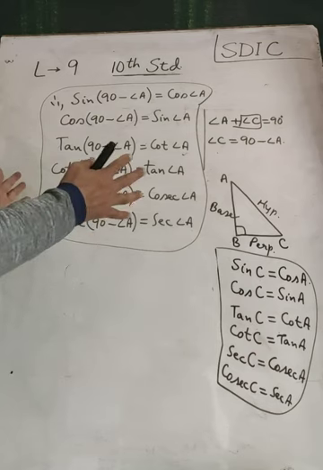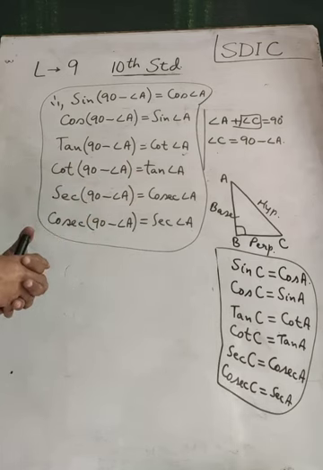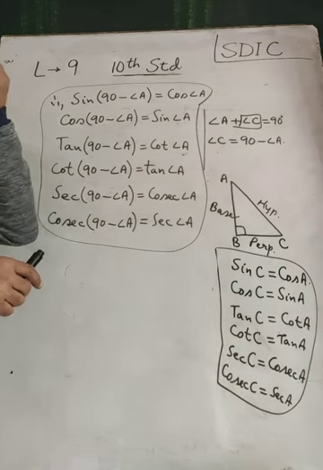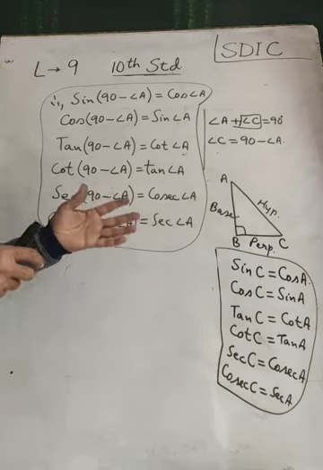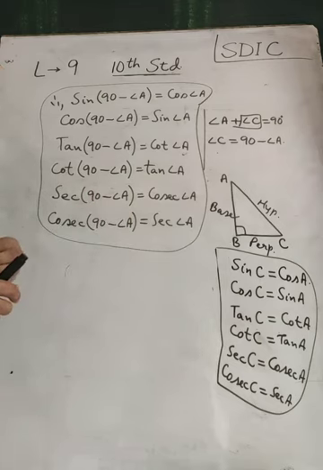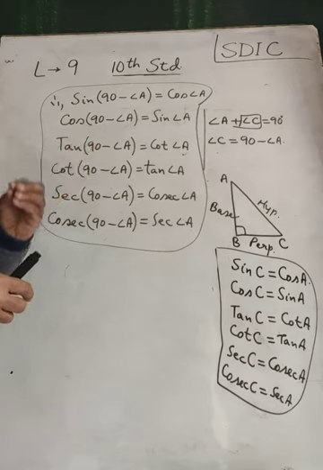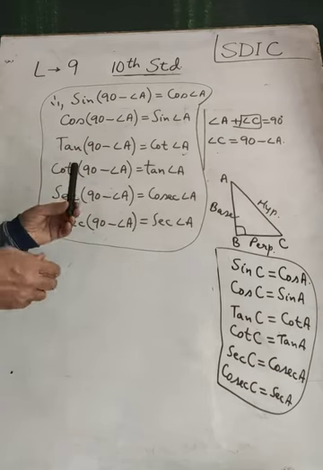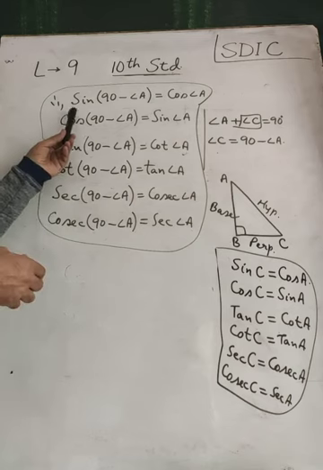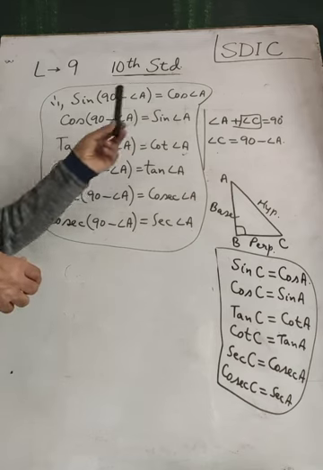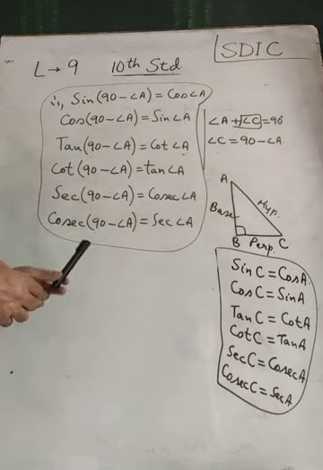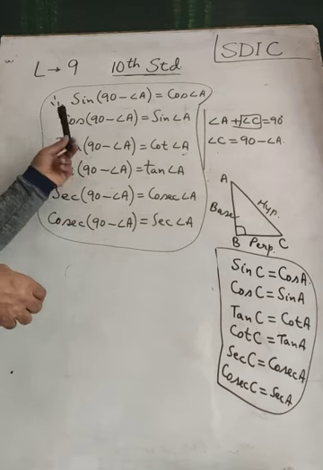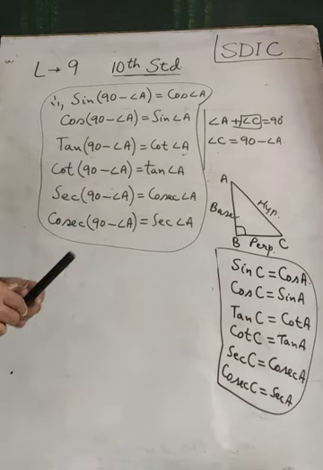These are complementary relations. Earlier you have seen reciprocal relations also. Sine is reciprocal of cosec. Cos is reciprocal of sec. Tan is reciprocal of cot. Now here we have complementary relations. Sine is complement of cos, not of cosec. Sine and cosec are reciprocals. Sine and cos are complementary.